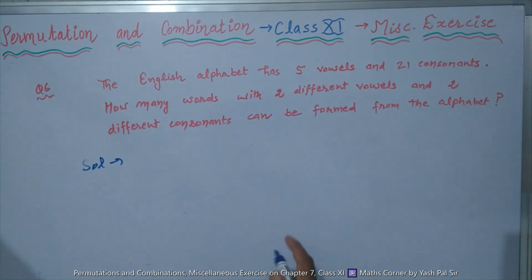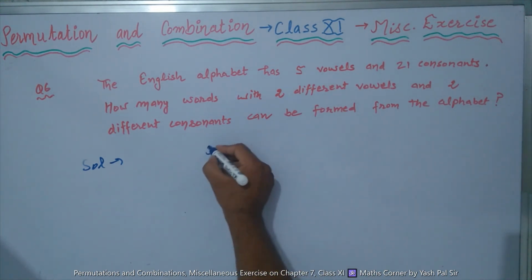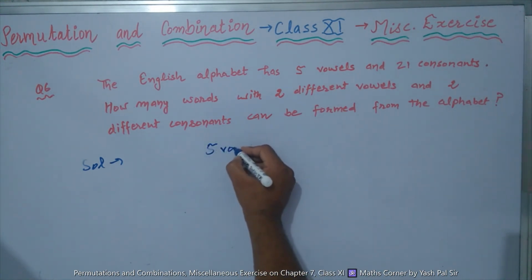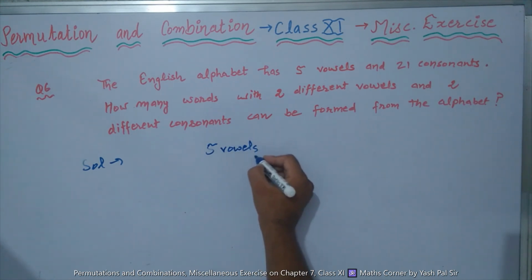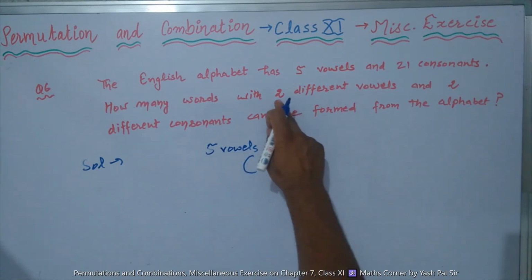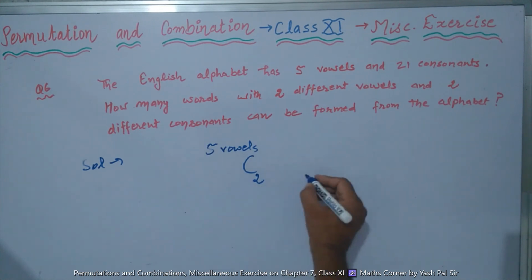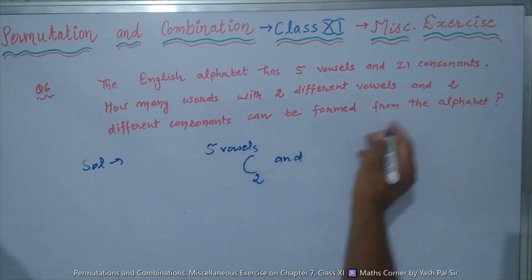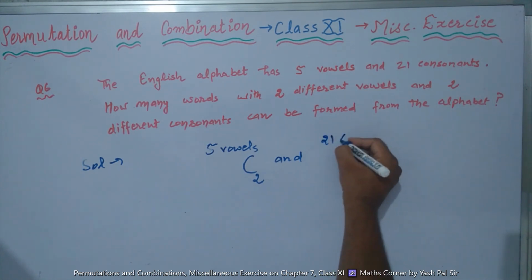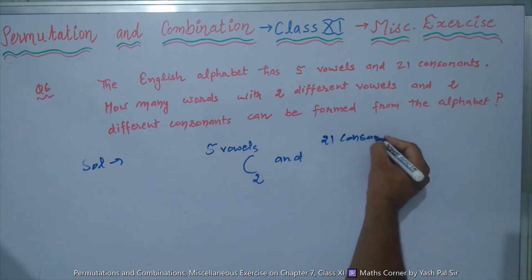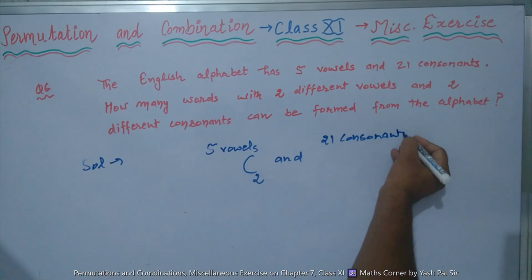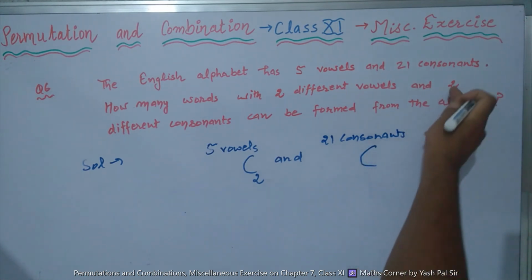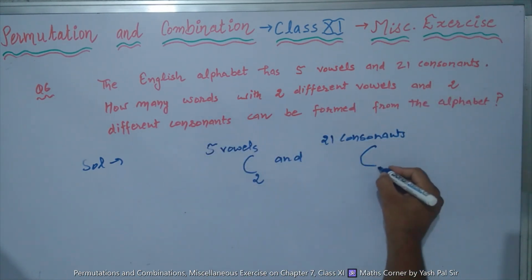So first of all, combination. Combination means selection. Out of 5 vowels we are going to select only 2 vowels, plus and, out of 21 consonants we are going to select only 2 different consonants.